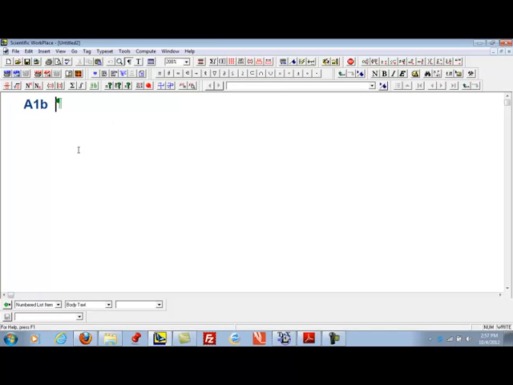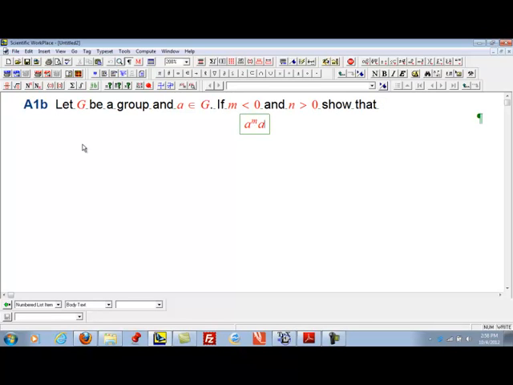So what this one says is let G be a group, and we're going to have a be an element in G. For this one, if m is less than 0 and n is greater than 0, show that a to the m times a to the n is equal to a to the m plus n.